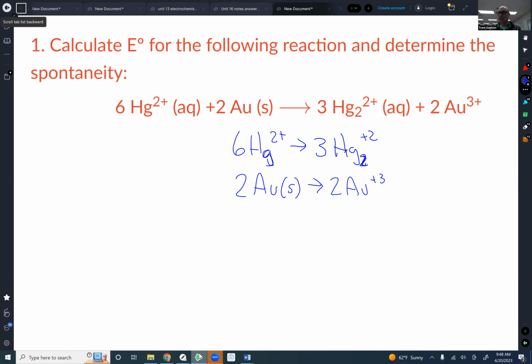As I am looking them up right now, I am finding mercury into diatomic mercury. I have got 0.79, but they have it reversed, so it's going to be negative 0.79.